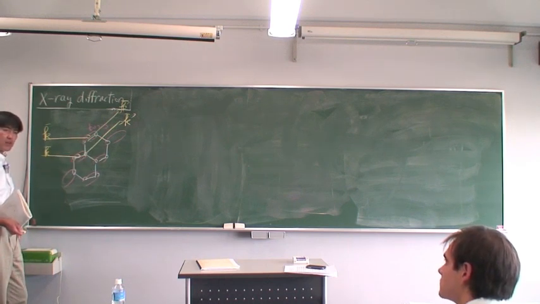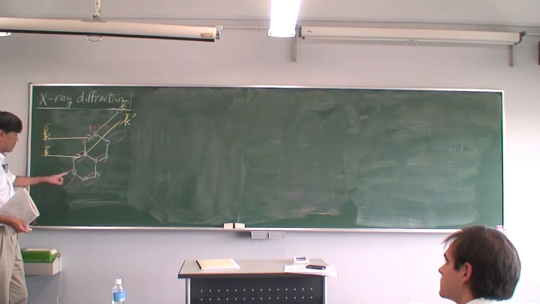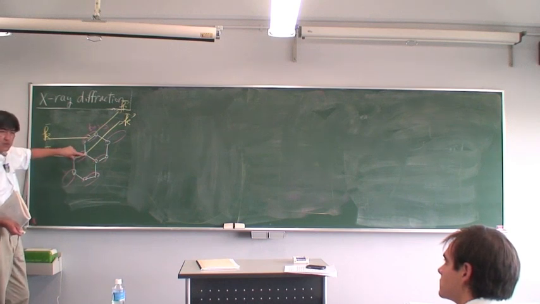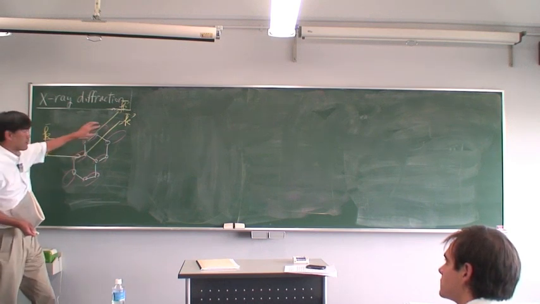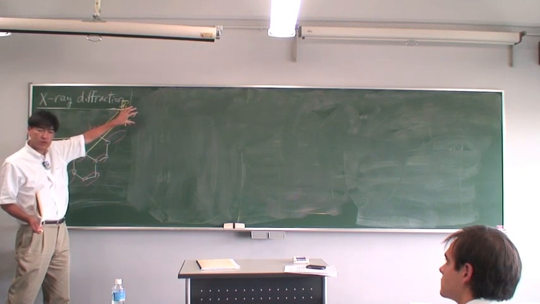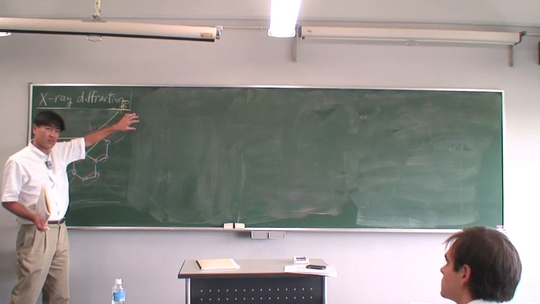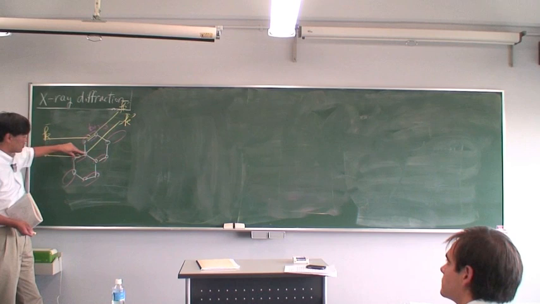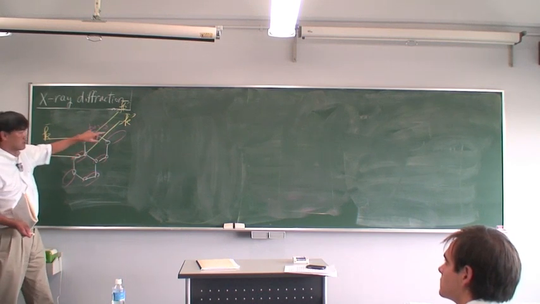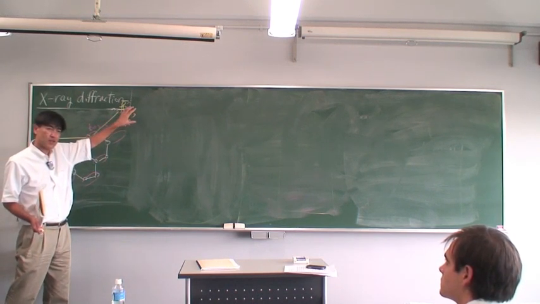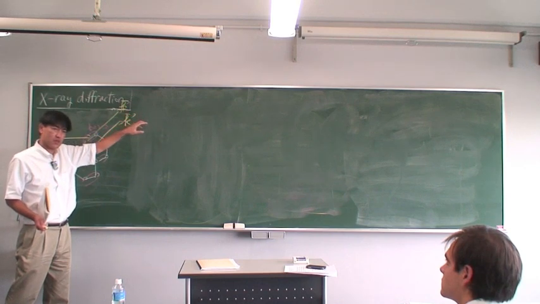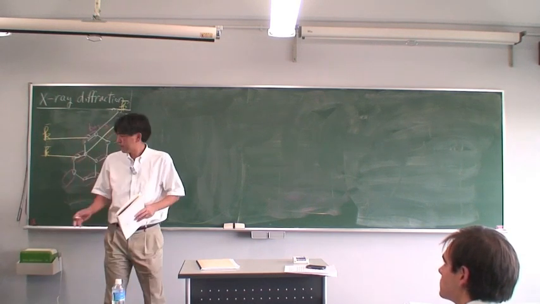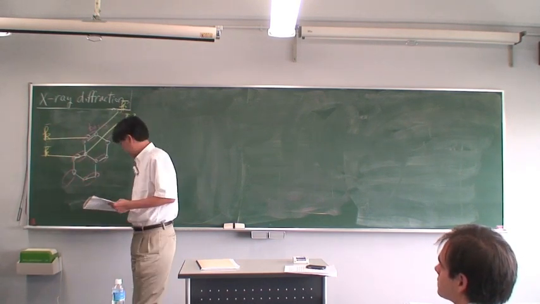But then we have to think further whether the presence of these two atoms maintains the constructive interference or not. Maybe the presence of these two atoms destroys the strong intensity. Okay? So that's what we have to do.